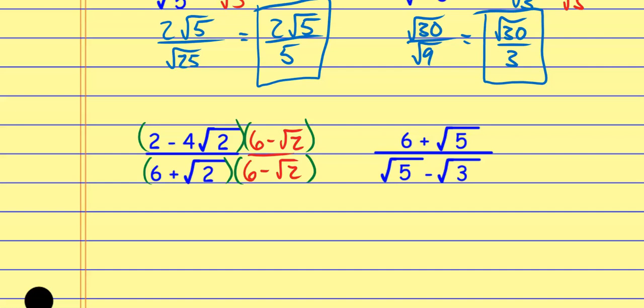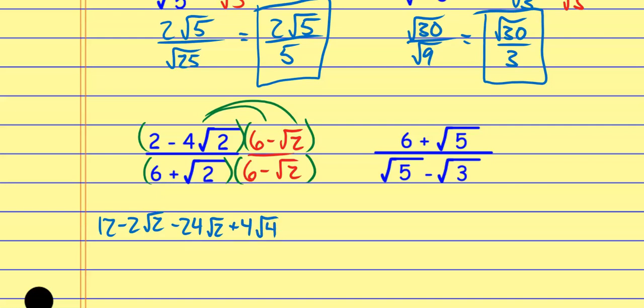If I multiply out this numerator, again, it's our distributive property. I'm going to distribute the 2, which gives me a 12 minus 2 root 2. And then I'm going to distribute the negative 4 root 2. That gives me a minus 24 root 2 plus 4 root 4.